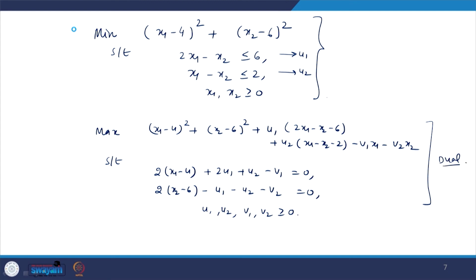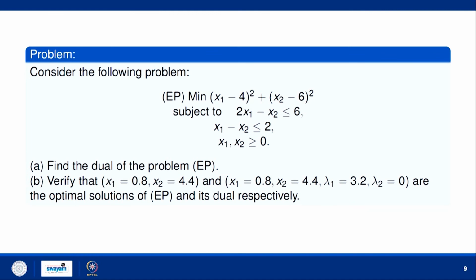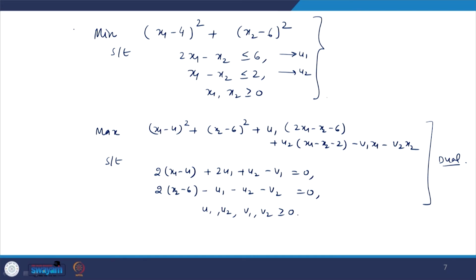Okay. Now, consider the point 0.8, 4.4. If you take x1 as 0.8 and x2 as 4.4, it satisfies all the constraints, and the objective value of this problem, suppose this objective is f and this is g, comes out to be 12.8.